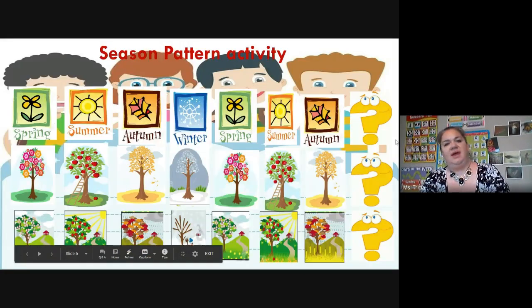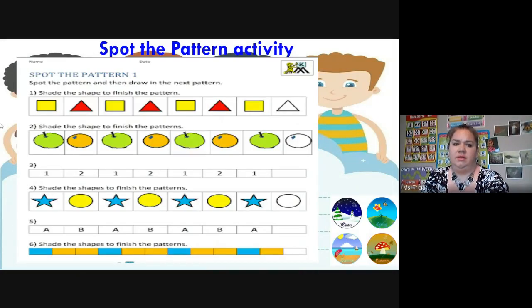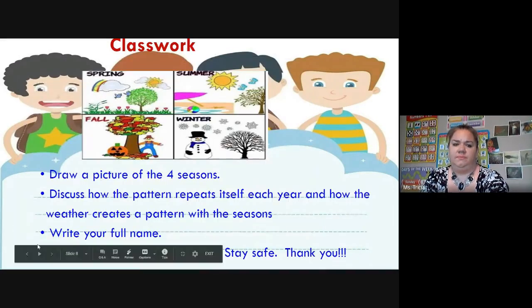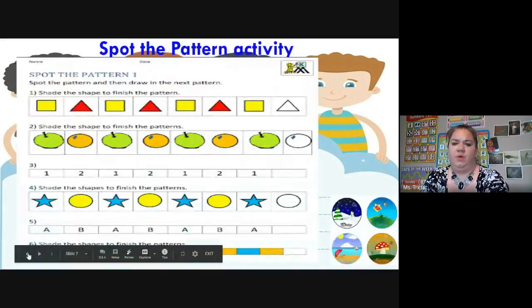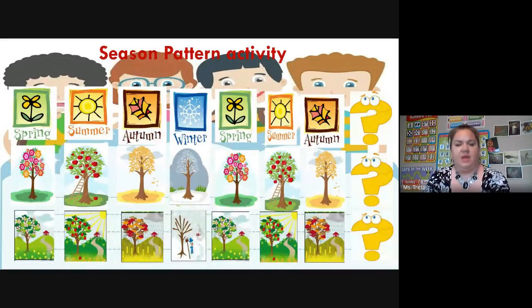And we also have a season pattern activity here. So it says spring, summer, autumn, winter. Spring, summer, autumn. Uh-oh. What comes after autumn? Spring, summer, autumn, winter. Spring, summer, autumn, winter. Good job.